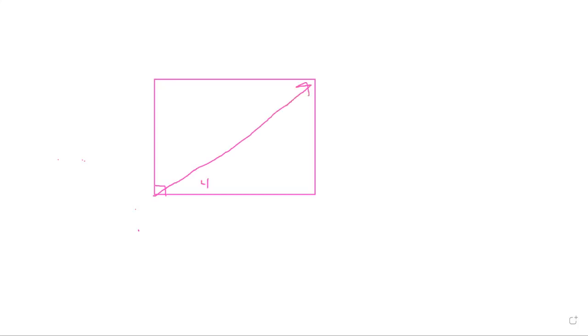Whereas this one is 45 degrees. And this is X. How many degrees is the measure of X? Again, this has to equal 90. So 90 minus the 45 you have gives you, again, 45 degrees.